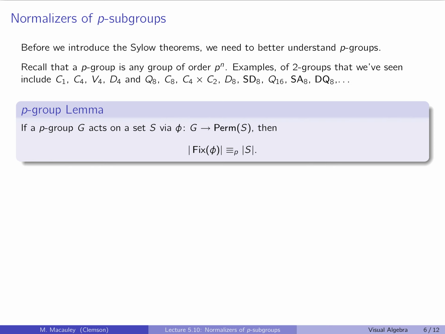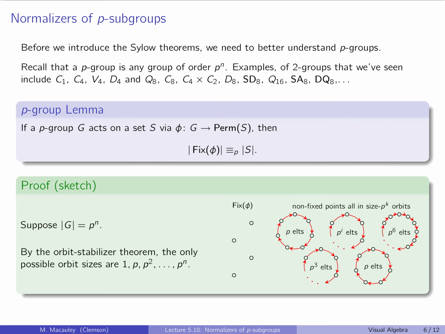And this says, if a p-group G acts on a set via this homomorphism, then the number of fixed points of that action is congruent mod p to the size of the set. Now, I don't expect you to look at this and understand what this means or why it's significant, but I think if I show you the right picture, it'll make sense.